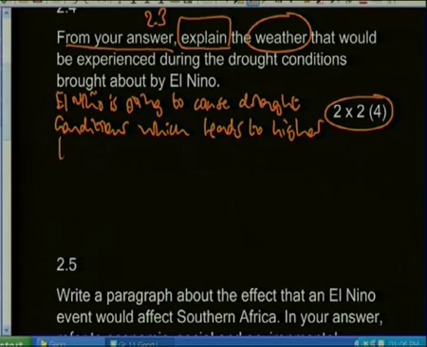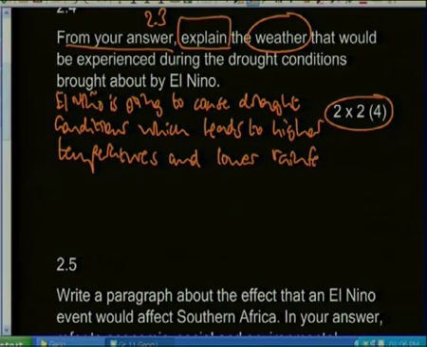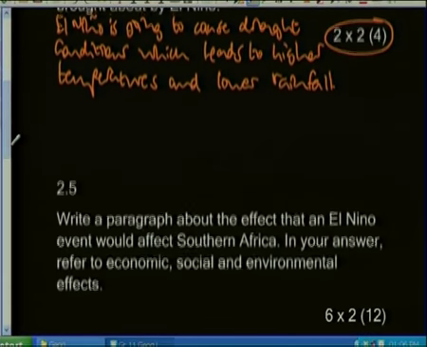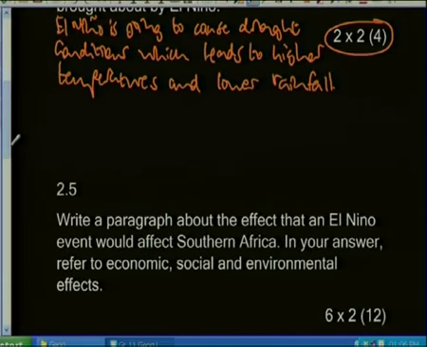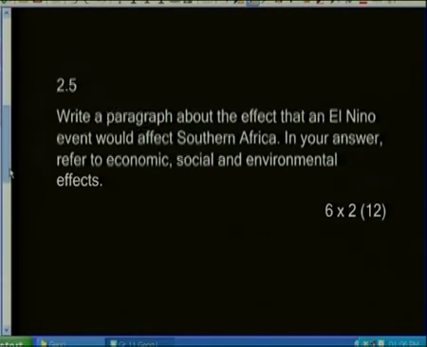And they can have things like heat waves and all sorts of other problems associated with higher temperatures, and lower rainfall, or less rainfall in fact, and that could lead to all sorts of problems like water shortages and failures of crops, livestock dying of thirst. All those sorts of problems can ensue if we have drought conditions being reinforced or caused as a result of El Nino, making things even worse than what they are.